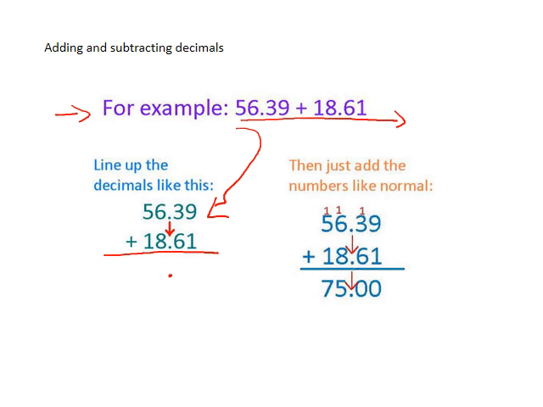If we were to estimate, we would say, well, that's kind of like 60, and that's kind of like 20, or 60 and 18 is 78. So the fact that we're getting a 75, yep, that's pretty close. We know our decimal's in the right spot. So that's all you need to know for adding and subtracting, is line up your decimals.